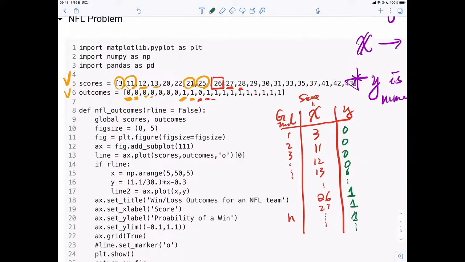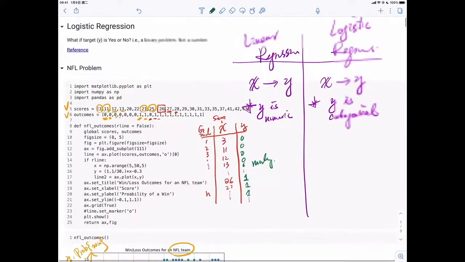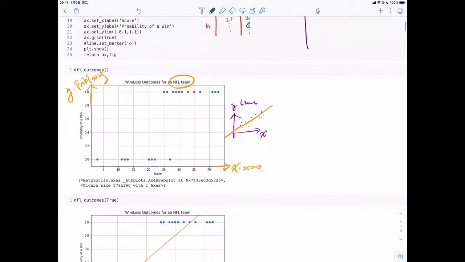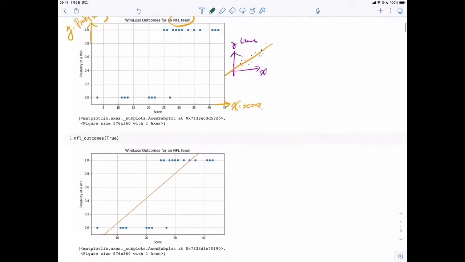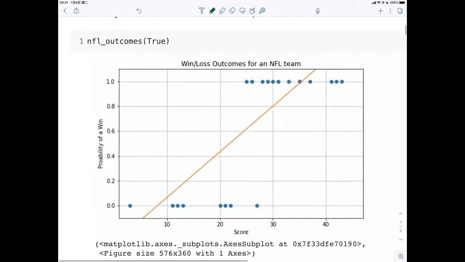It is not a decimal number. It is a class: class 0 and class 1. How do we do such kind of modeling? If you view this as a table and you say, I have learned linear regression, so I would like to use linear regression to model such data, that is the result of linear regression.